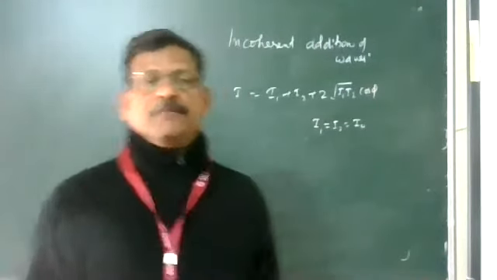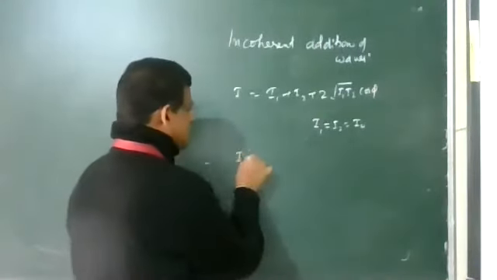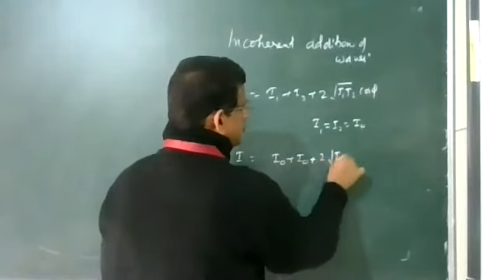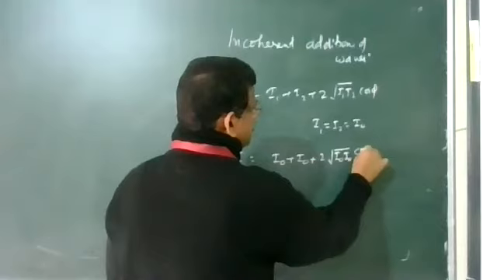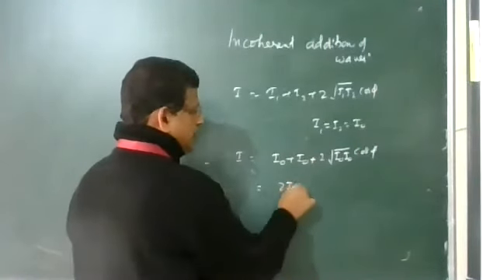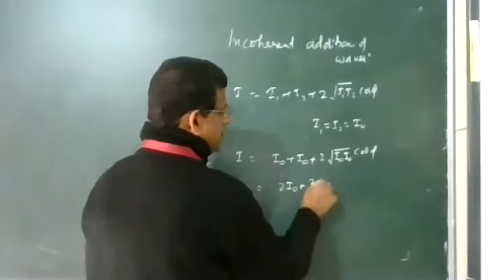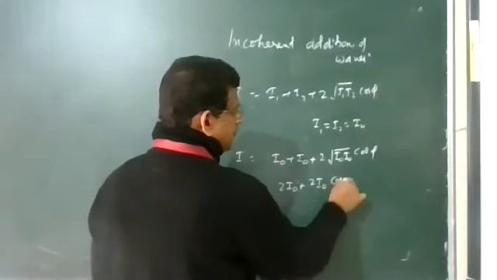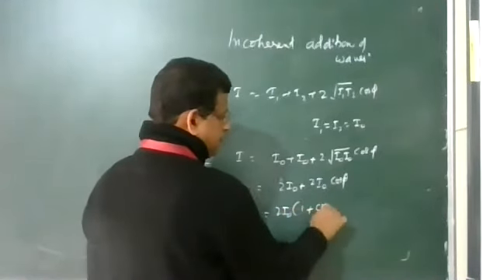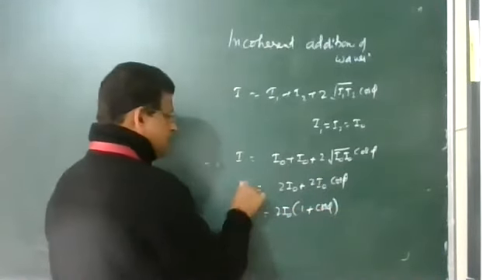Since they are equal, the resultant intensity is I0 plus I0 plus 2 I0 cos phi. So this is equal to 2 I0 plus 2 I0 cos phi. We can take 2 I0 out: 2 I0 times (1 plus cos phi). This is the resultant intensity.